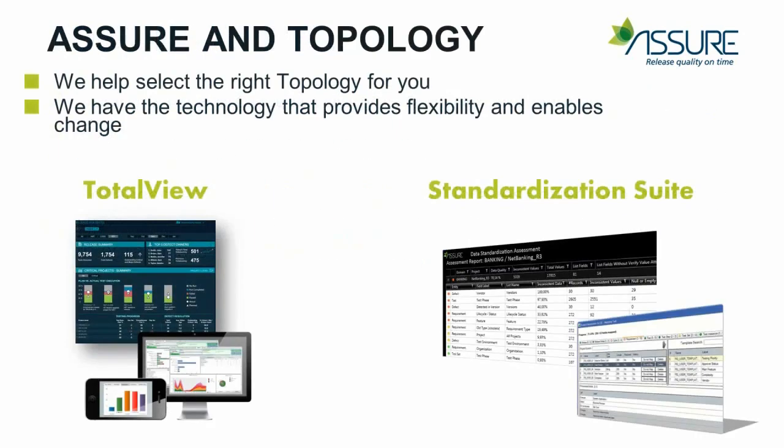So Assure and topology, I've mentioned two main areas. One of them is Total View for reporting cross-project, and the other one is the standardization suite, which I just spoke about. We can really help you select the right topology, and we also have the technology to support this decision and actually make it happen.